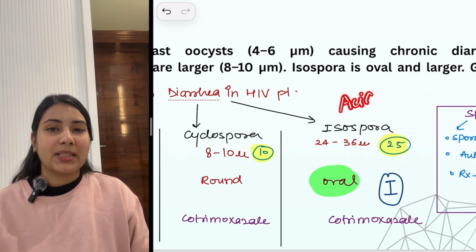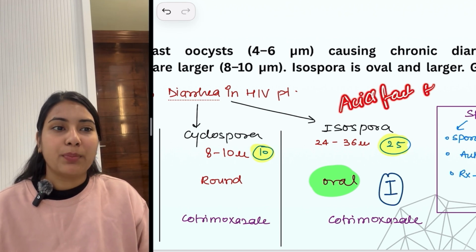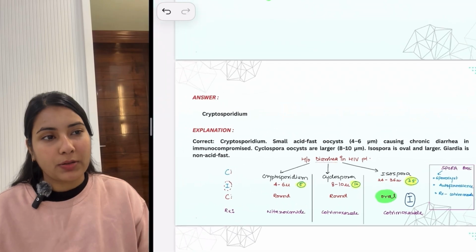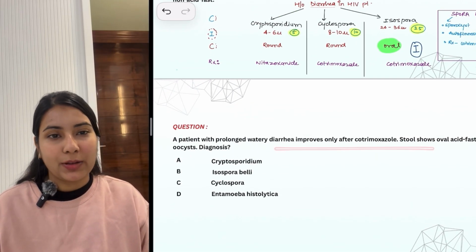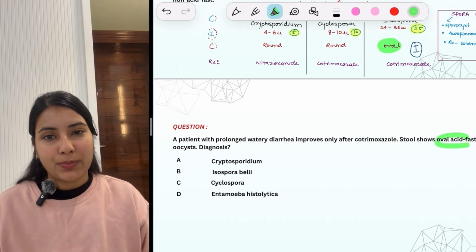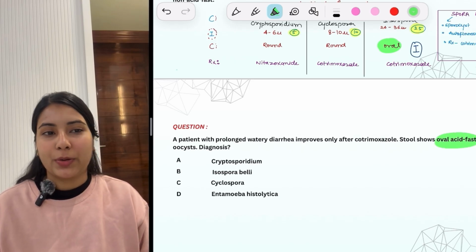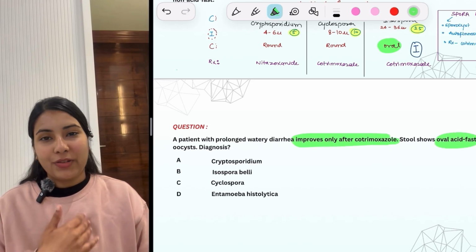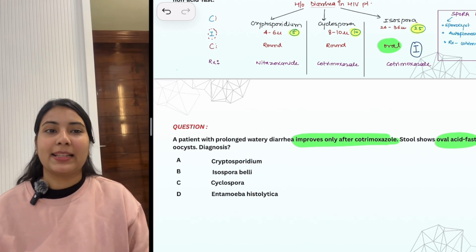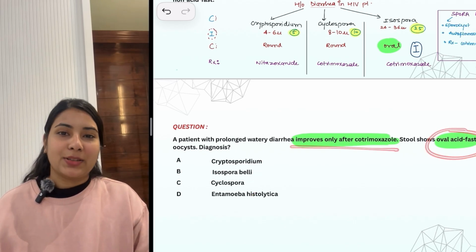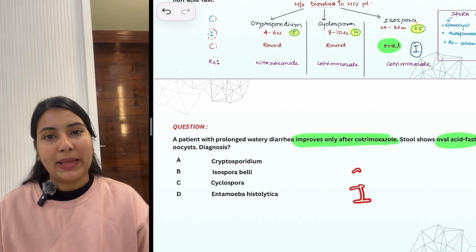A patient presents with prolonged watery diarrhea, which improves only after cotrimoxazole. Stool shows oval acid fast oocysts. The diagnosis is, your options are Cryptosporidium, Isospora belli, Cyclospora, and Entamoeba histolytica. We have discussed the explanation in detail: if there is an oval cyst that is acid fast positive, the answer here is Isospora belli.